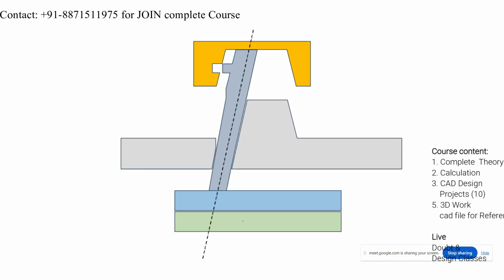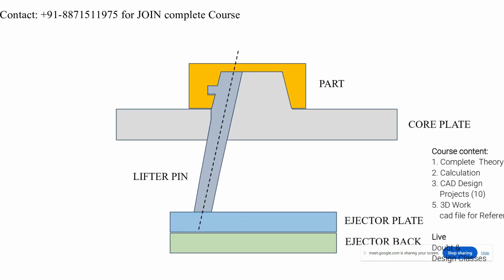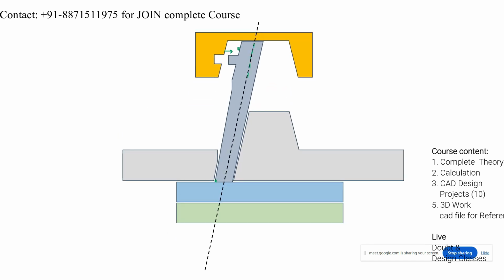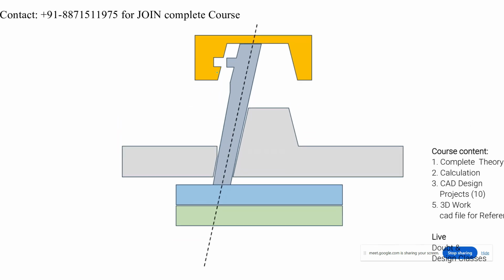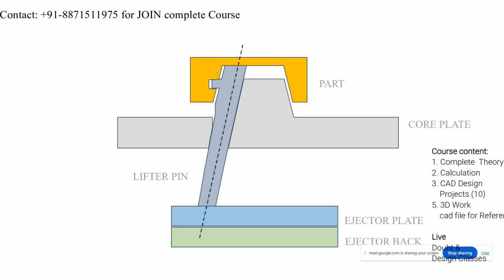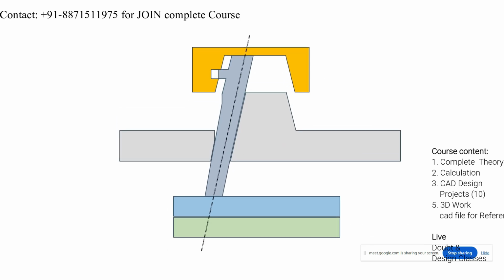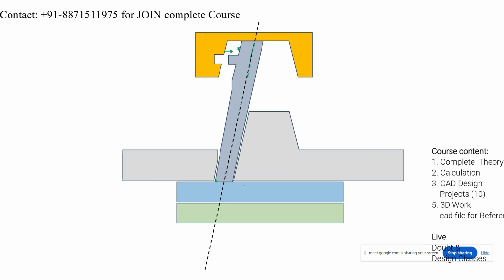See, is this point moving or not? Yes, it's moving. So it means we have to give the guide rail here also. We have to give the clearance here also for proper movement, because this is not a flexible part.